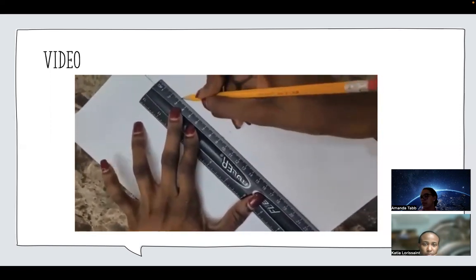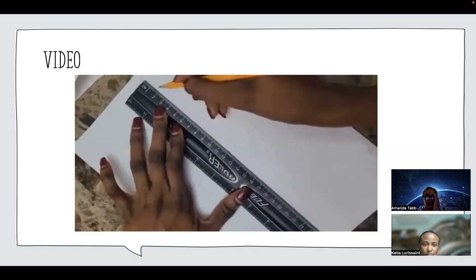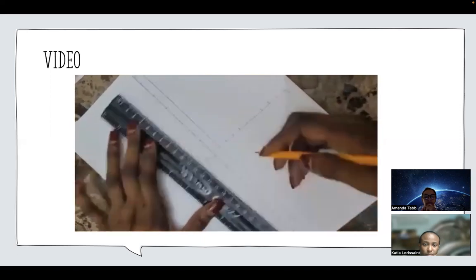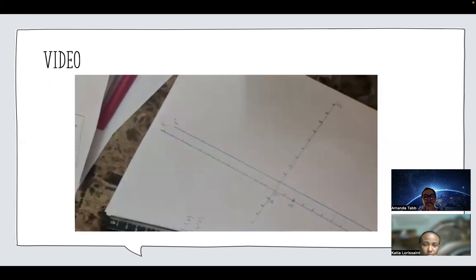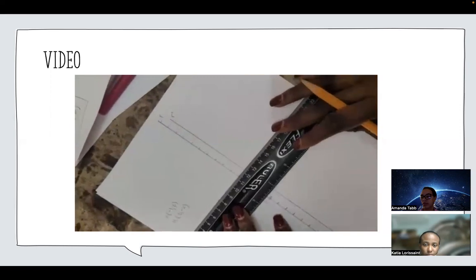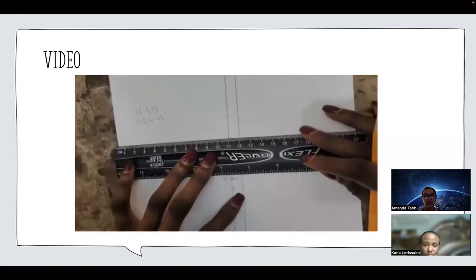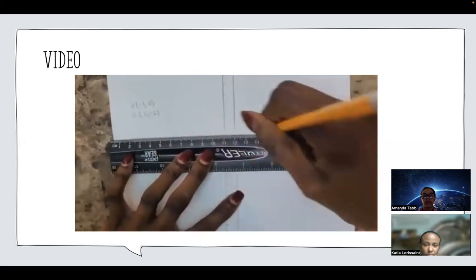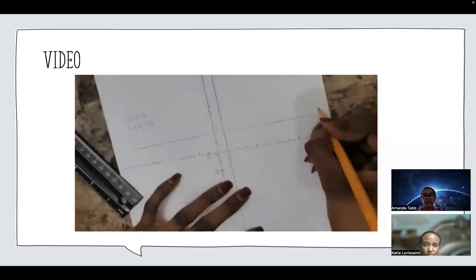So it will be at x equals 1. And we are going to call this R prime. And we are going to reflect this over the x-axis. So it would end up being at y equals 2. And we are going to call it S prime.